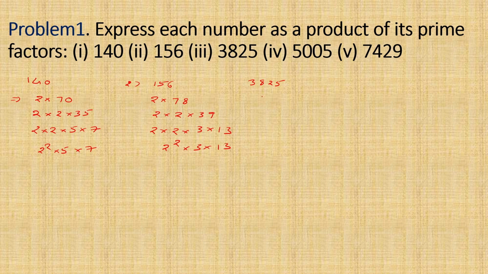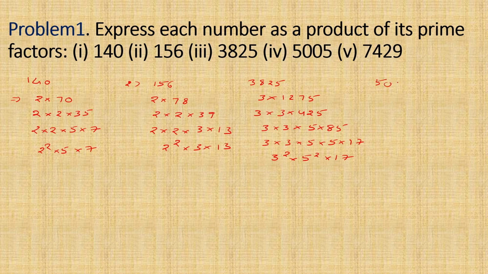It is not divisible by 2. 3 into 1275, 3 into 3 into 425, 3 into 3 into 5 into 85, 3 into 3 into 5 into 5 into 17. So 3 square multiplied by 5 square multiplied by 17.